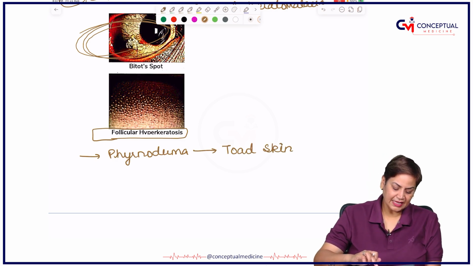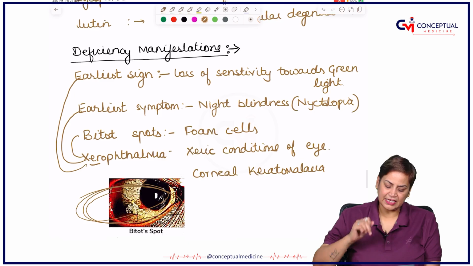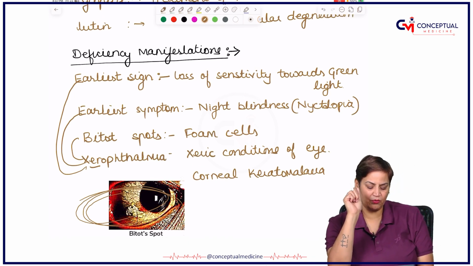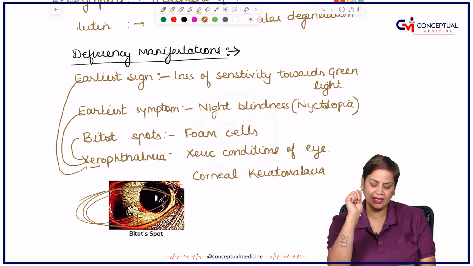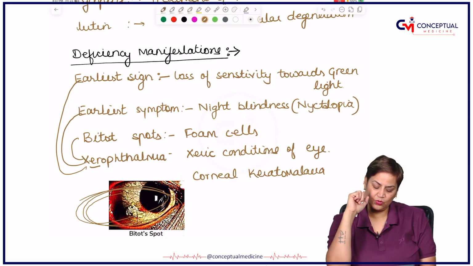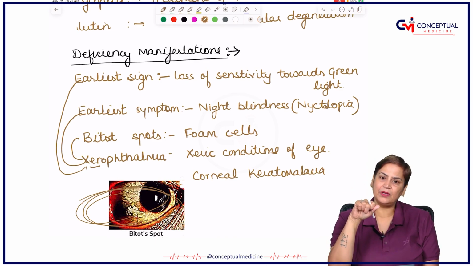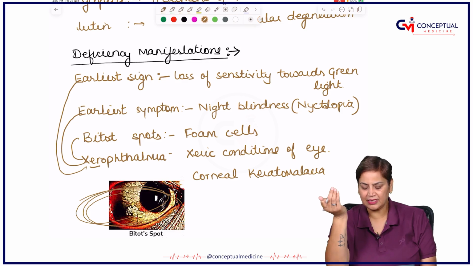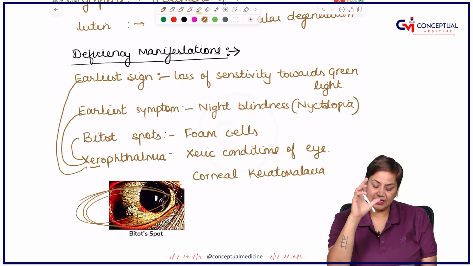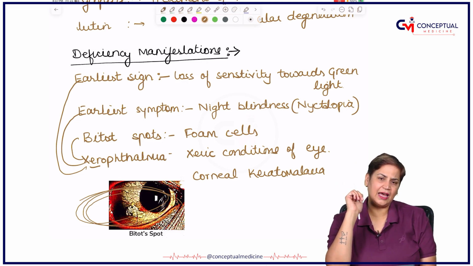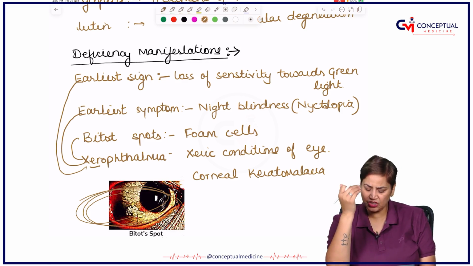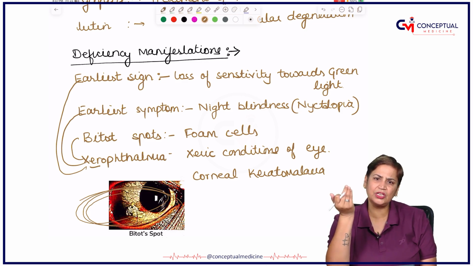Okay, so the deficiency manifestations of vitamin A are, what is the earliest sign? Earliest sign is loss of sensitivity towards green light. Earliest symptom is night blindness. Then xeric conditions are there in the eye leading to corneal vascularization, leading to corneal keratomalacia.